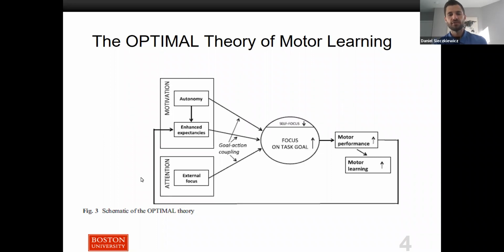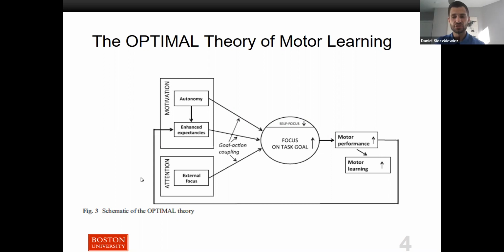Pictured here is a visual representation of the optimal theory. The two main tenets of the optimal theory are motivation and attention, and you can see them here on the left-hand side of this visual. It suggests that we'll improve motivation to learn by promoting learner autonomy and also enhancing the learner's expectations.